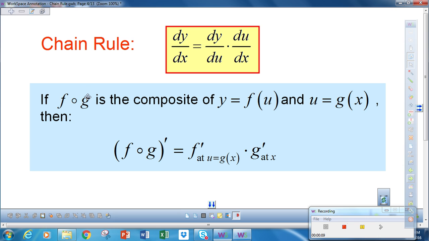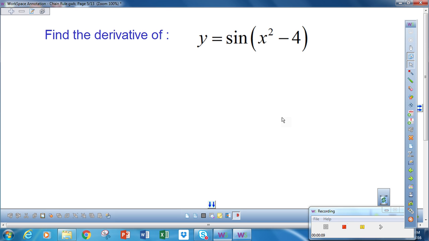So we have a composite function. Remember, this symbol represents a composite function. So we take the derivative of the inner function, we take the derivative of u with respect to x, and then we take the derivative of the outer function with respect to u. It will all make sense in a minute.